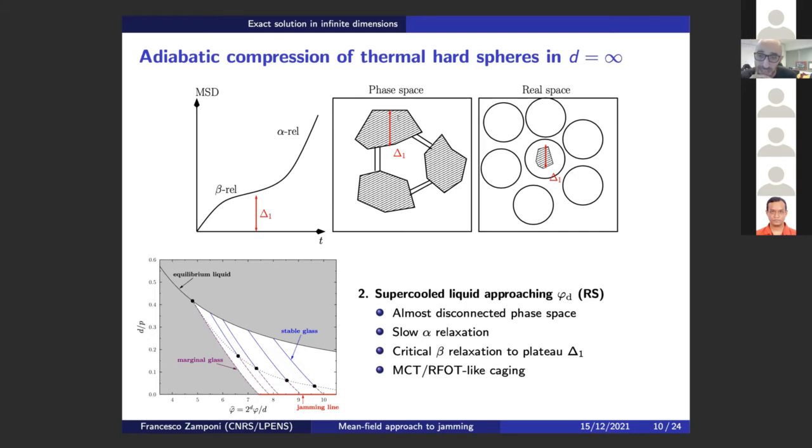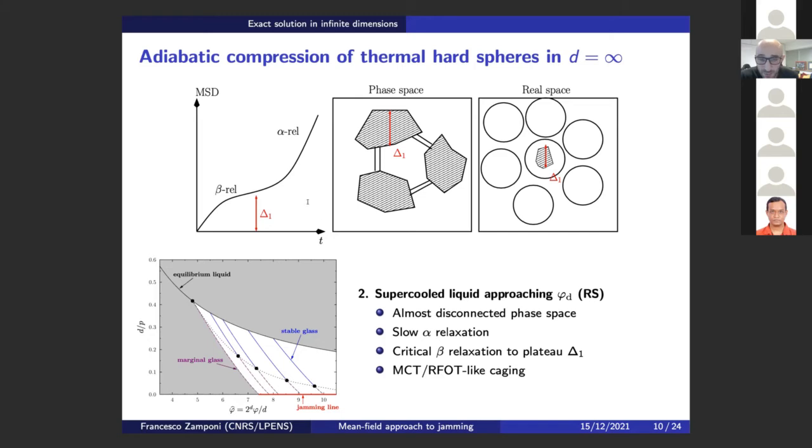Okay. And in phase space, it means you have groups of configurations, and you can move around a bit there. So this is the short time motion where you rattle around some configuration, and then from time to time you can tunnel to another region of space, and you keep doing that and moving around. Okay, so this is the usual slowing down of a supercooled liquid.